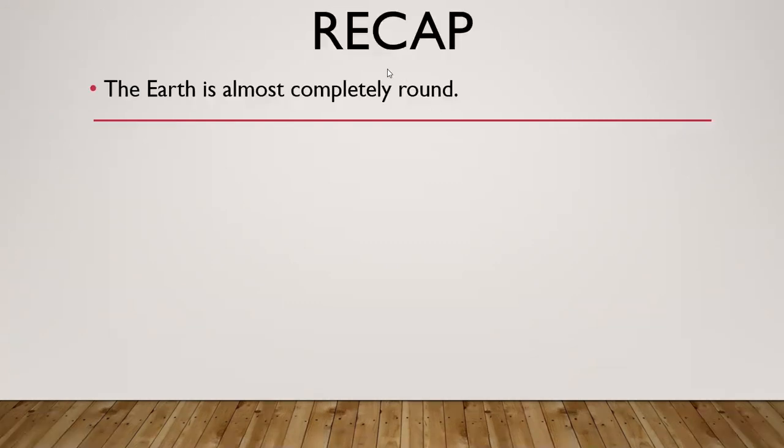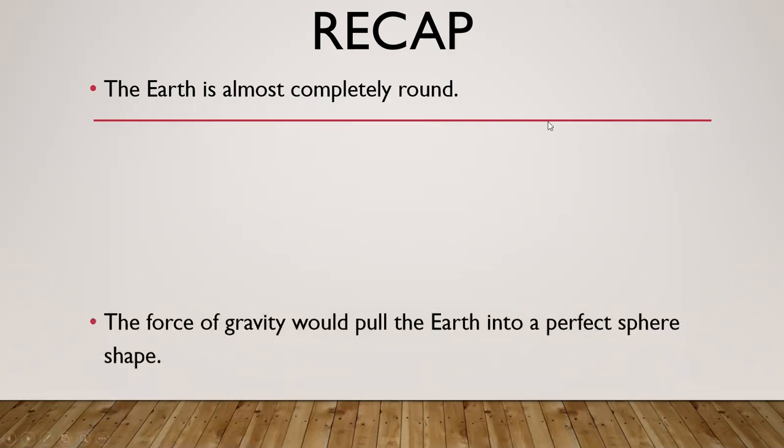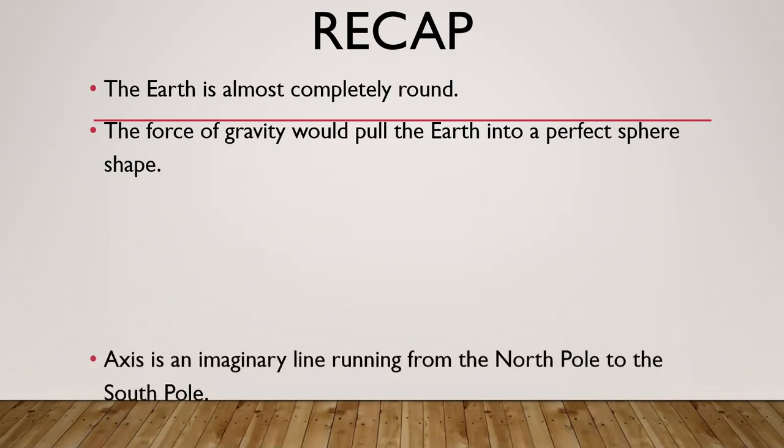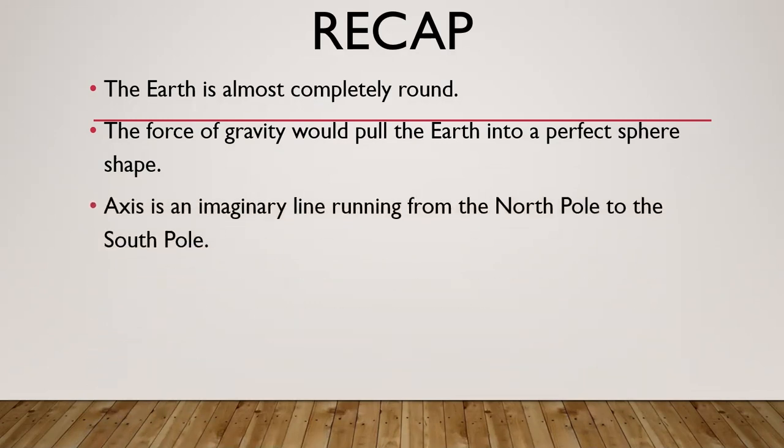So let's have a recap. Today we studied that the Earth is almost completely round. We understood the concept that the force of gravity would pull the Earth into a perfect sphere shape. We also discussed that axis is an imaginary line running from the North Pole to the South Pole.